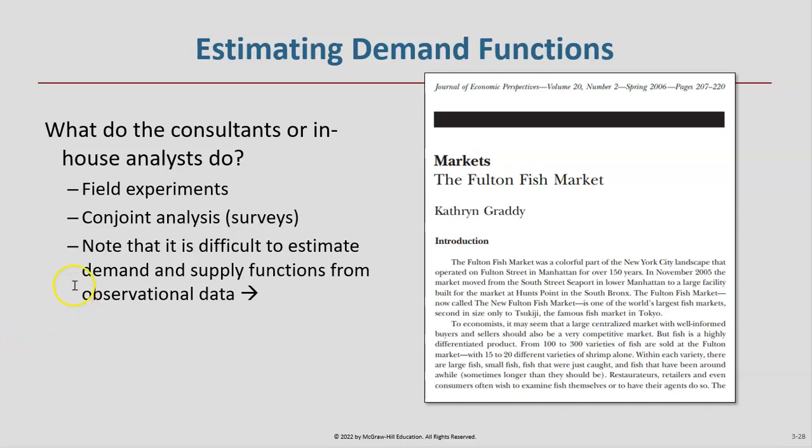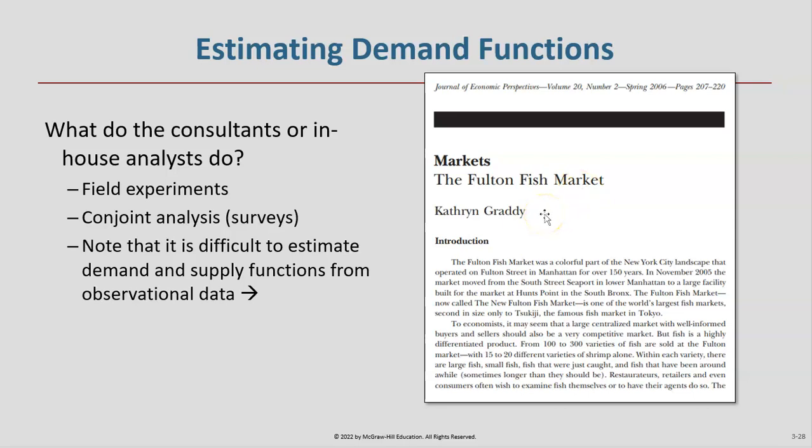Here's an example to see how the demand curve can be isolated. It's from the Journal of Economic Perspectives, published in spring of 2006. It's a study of the Fulton Fish Market, which is a big wholesale fish market in New York City.